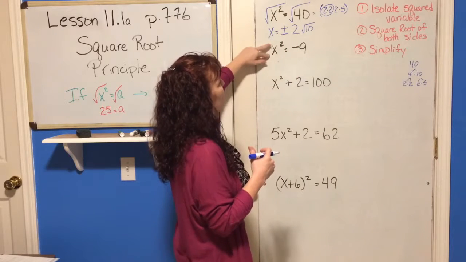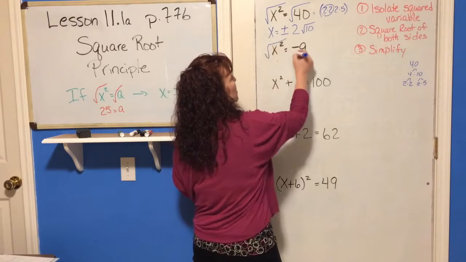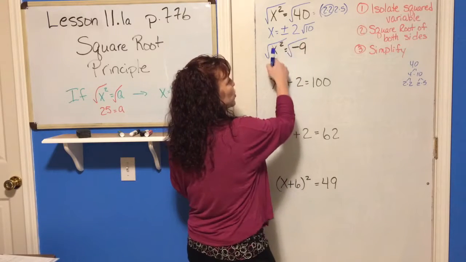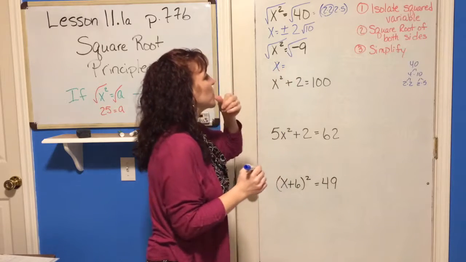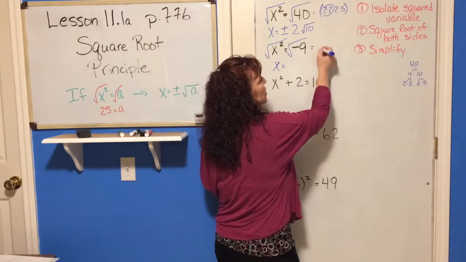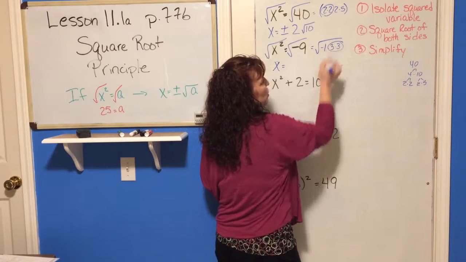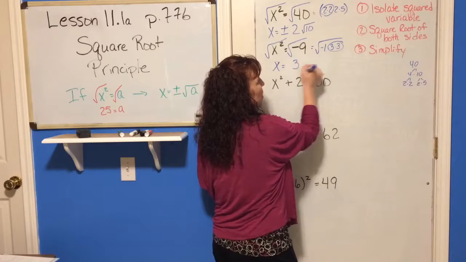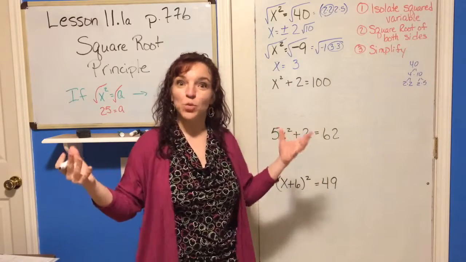All right, if x squared equals negative 9, well, we're going to take the square root. The square root of x squared is just x, and that equals the square root of negative 9. Negative 9 is negative 1 times 3 times 3, so 3 comes out, but we've got the square root of negative 1. Don't forget, you have a tool for that now.